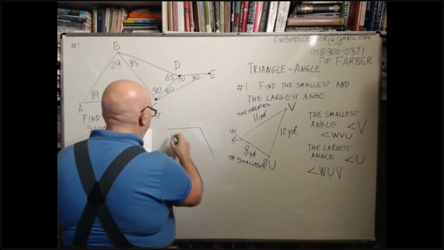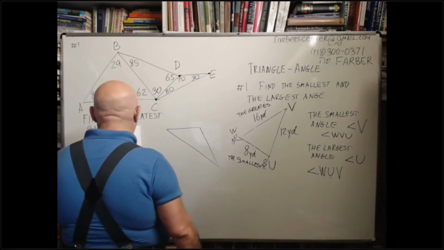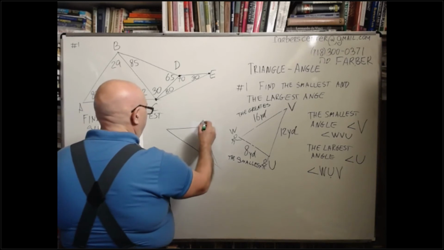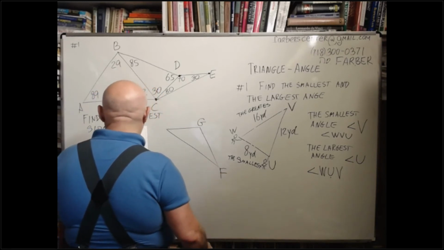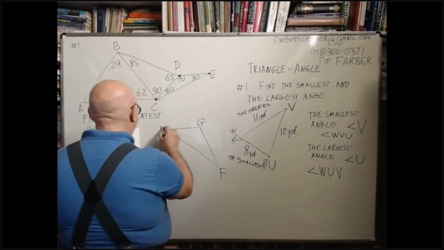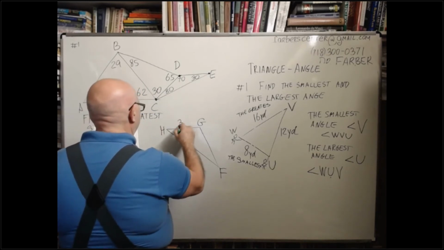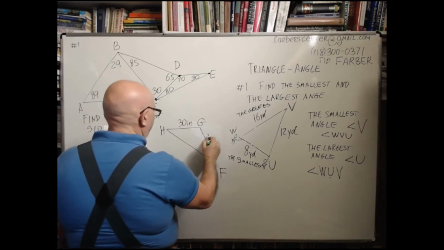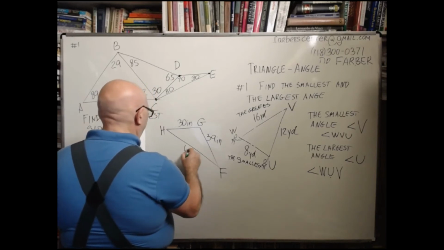I'll teach you the basics of proof. Let's say we have a triangle, and this is G, this is F, and this is H. And this is 30 inches, and this is 39 inches, and this is 43 inches.